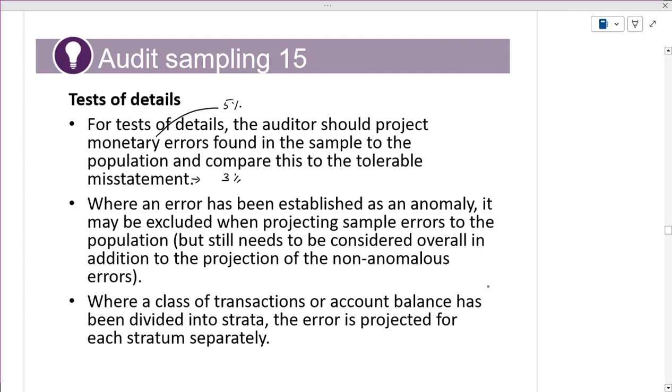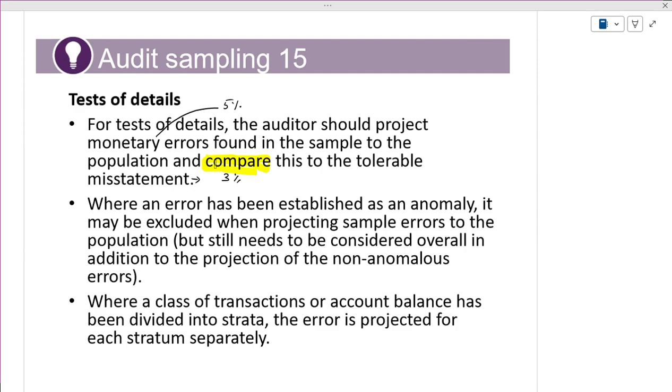Means we have to do this only. For test of details, the auditor should project monetary errors in the sample, and in this process compare with the tolerable. This is what we have to do.